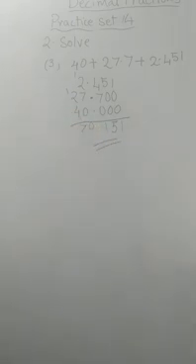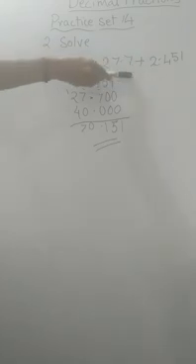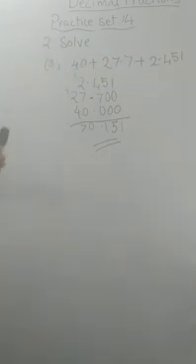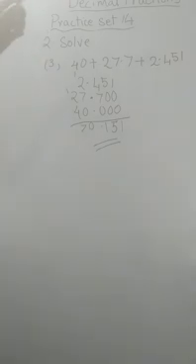So in these 3 questions, what are you doing? All the numbers are made to have the same number of decimal places, okay? If one has the maximum, if one has 3, you will make the rest of the 2 also have 3. If one has 2, the other 2 will also be made to have 2, okay?